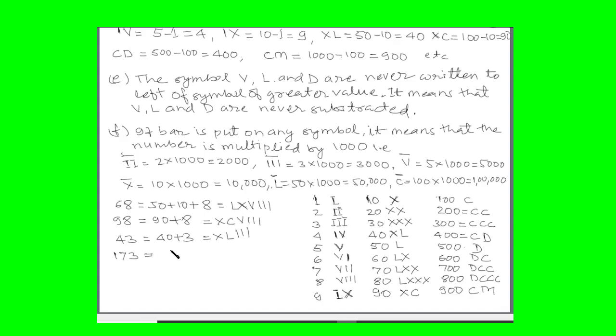So this is 100 plus 70 plus 3. So 100 is C. 70 we go to the chart and it is LXX. And 3 is 3 times I. So this is our 173.